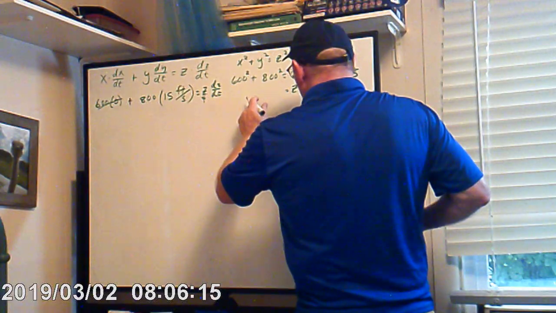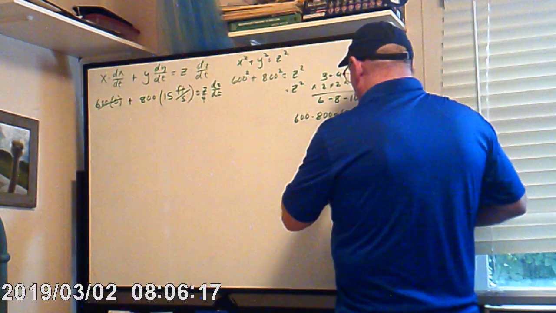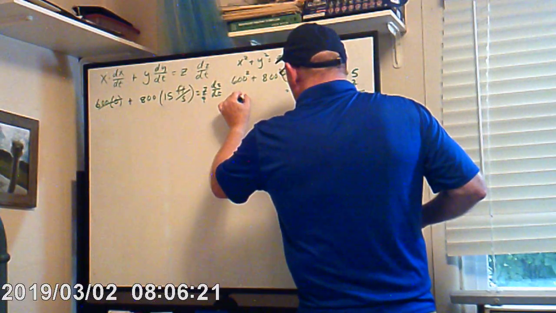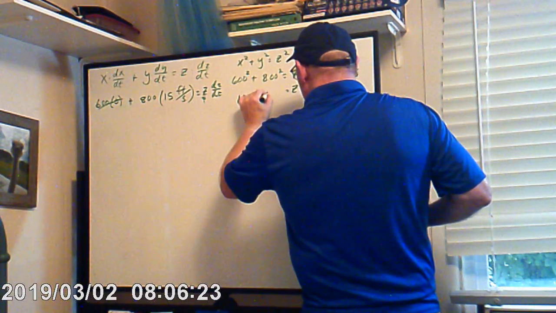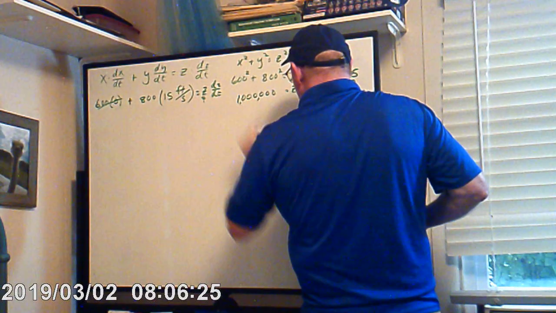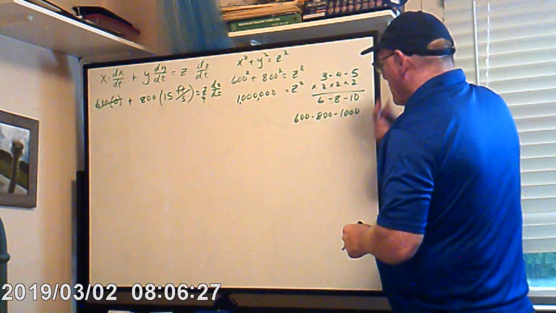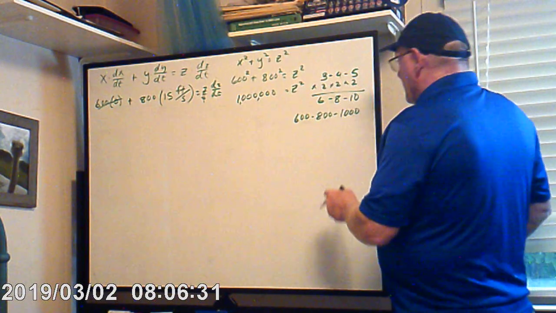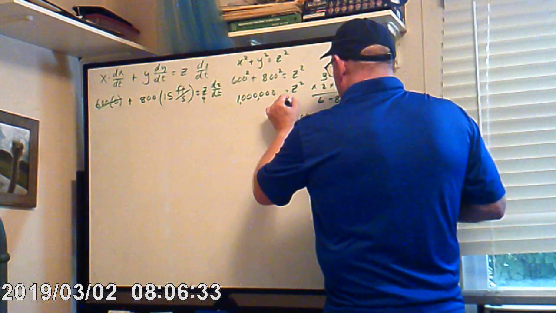Oh, I don't know. I didn't figure that out. Let's see. 1, 2, 3. I think it's 1 million. Okay. And then when you take the square root of 1 million, you get 1,000.